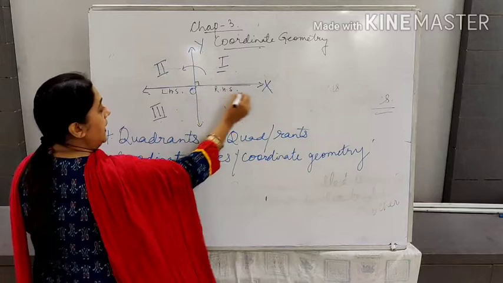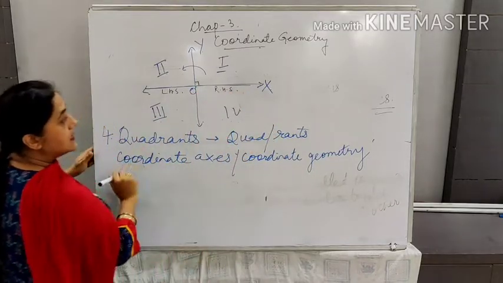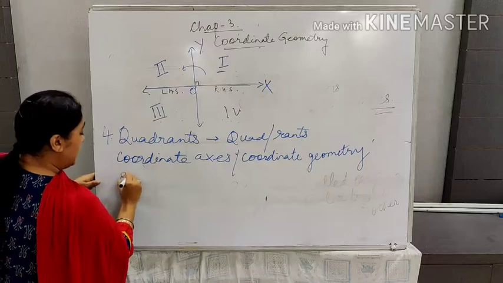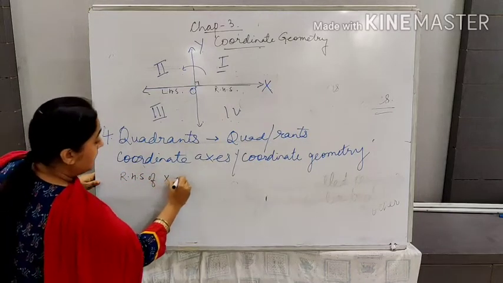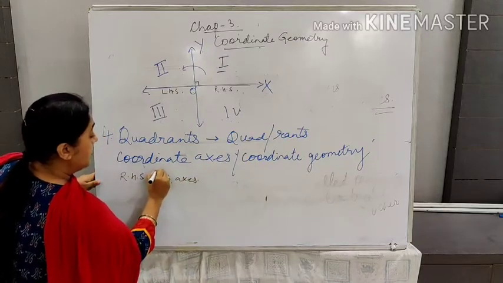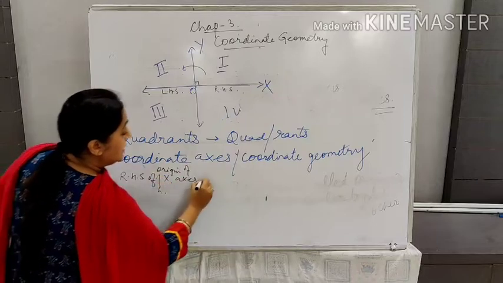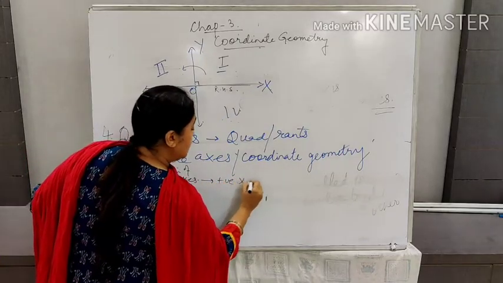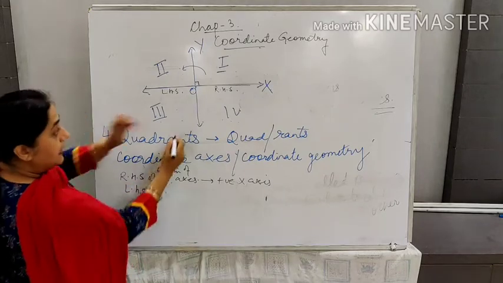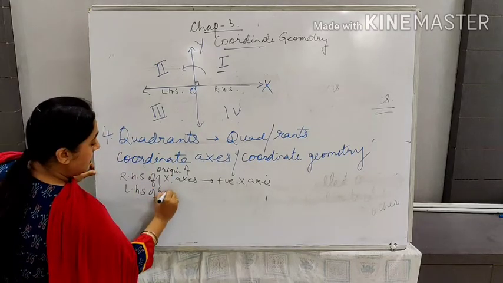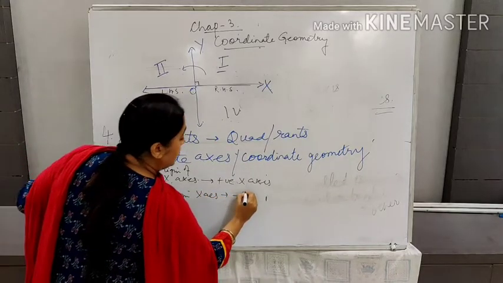That is why the right hand side of the origin on the x-axis is called the positive x-axis, and the left hand side, left of the origin on the x-axis, is called the negative x-axis.